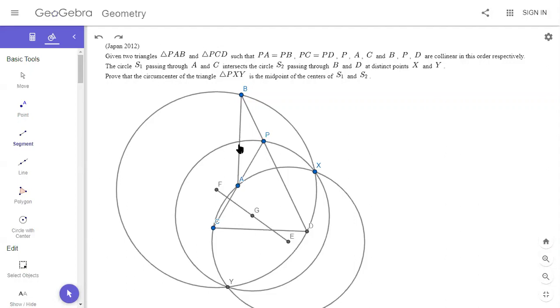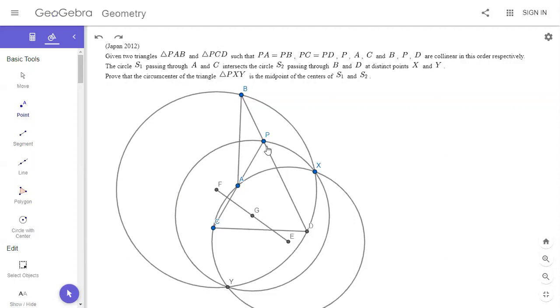But basically, every point on this circumcircle of PXY has to have the same power with respect to both circles. That's interesting. I don't know if there's that much I can do with that. But I wonder if that solves the problem. I think it might. I just don't know the right theorem for it.